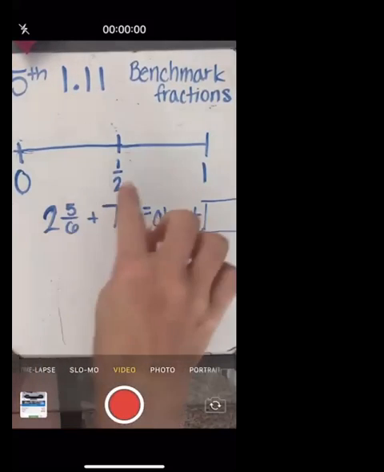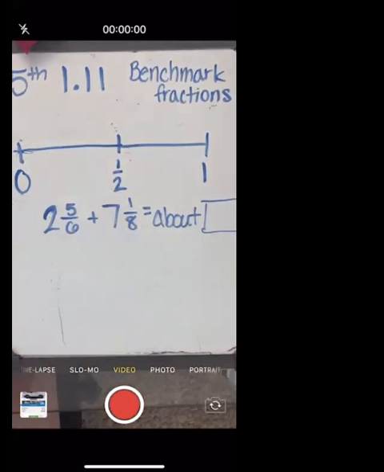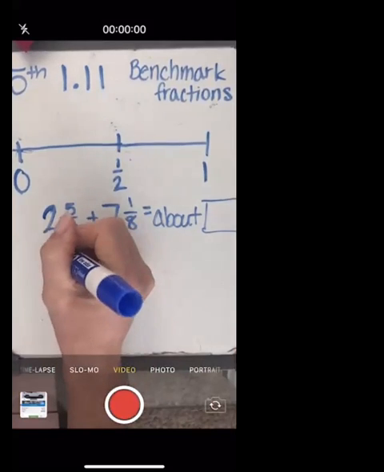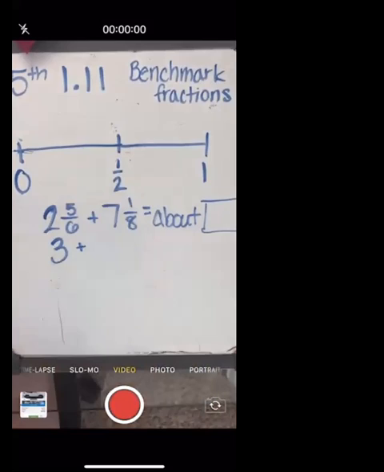So think about your benchmark fractions. Look at your fractions at the end here. What are they close to? 2 and 5/6 is close to 3. Thank you, Asher. I love that you're speaking up today. Do you want to solve the whole thing, Asher, or just that one? Just that one. Okay. Does anyone want to finish Asher's thinking?